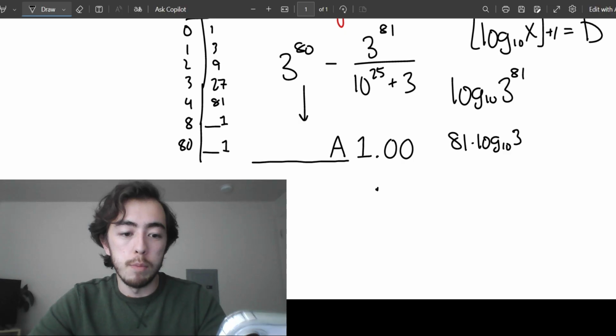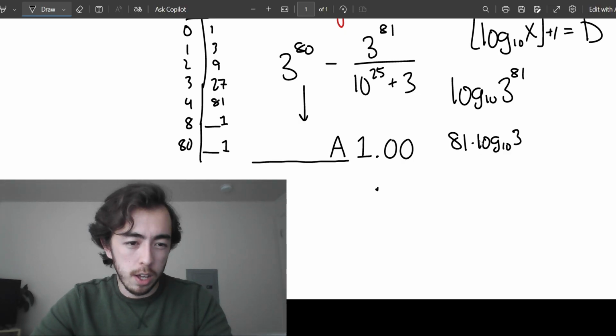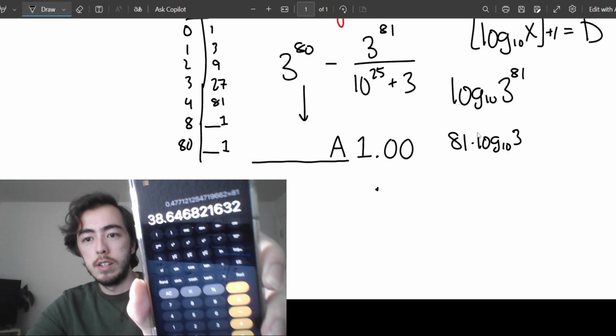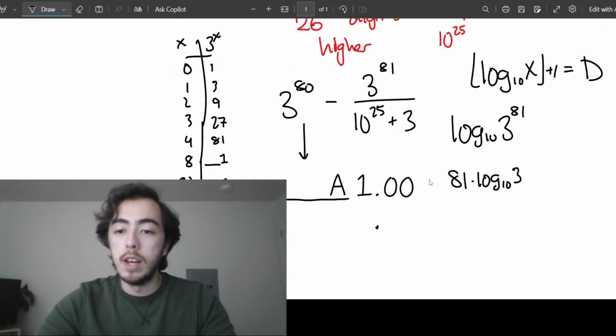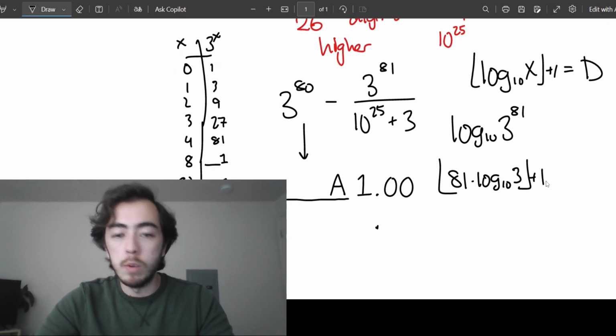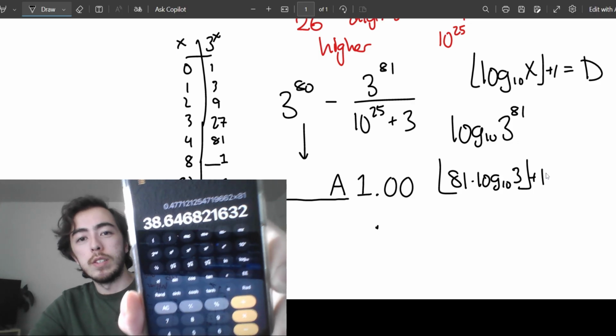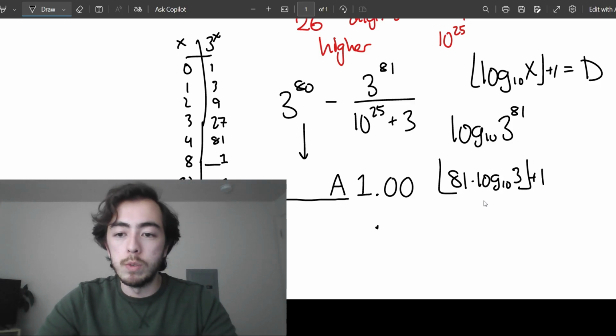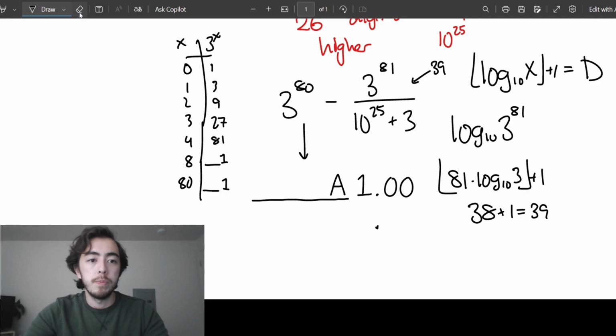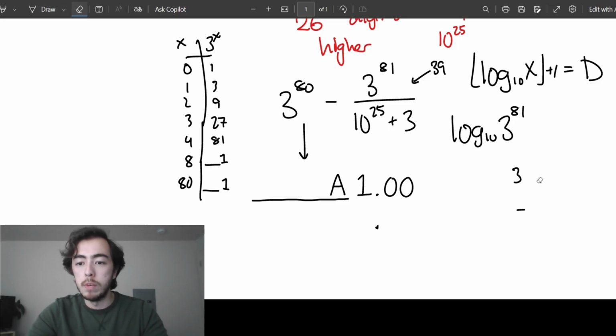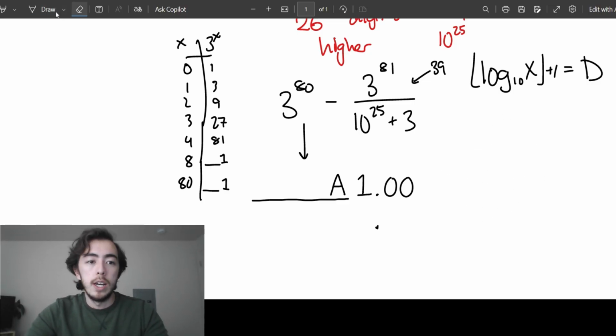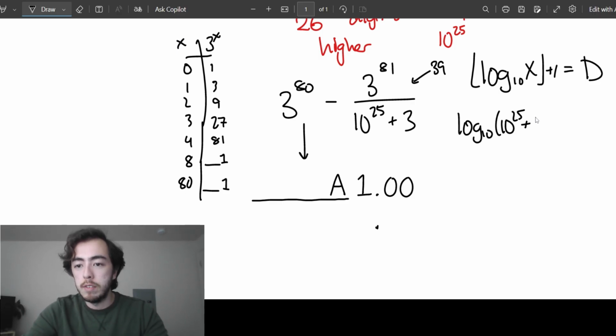So I'll multiply that by 81, and I get 38.6. So using the same method of flooring and then adding 1, I don't really care about that 0.6 at all. I just care that this is a 38. Add the 1. Okay, cool. Our numerator has 39 digits. And then we can play the same game in our denominator. Log base 10 of 10 to the power of 25 plus 3, floor that, add a 1.